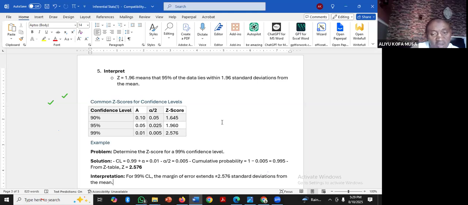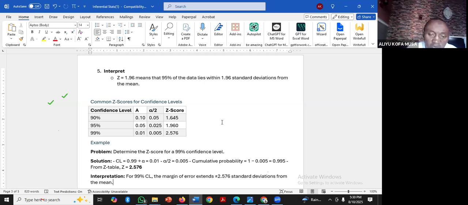It's either going to be 1.955 or 1.96 to 1.965, somewhere around there. So 95% of the data lies within that particular value.